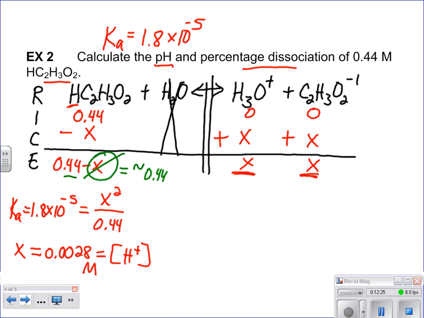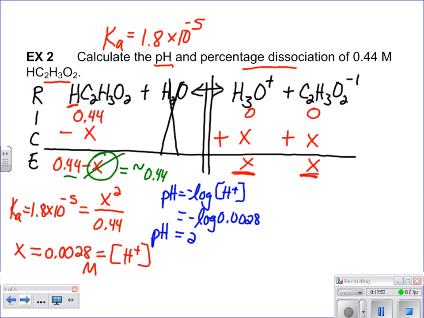So I can take this information and solve for my pH because I know my pH formulas. pH is equal to the negative log of my hydrogen ion concentration. So it's equal to negative log of 0.0028. And when you go through that, you get the pH is equal to 2.6.